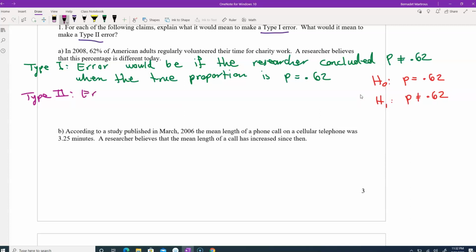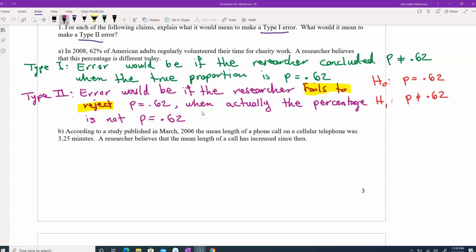Or in other words, P is not equal to 62, and this is alternative.